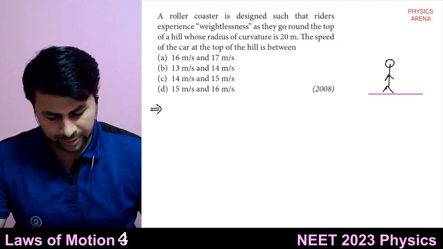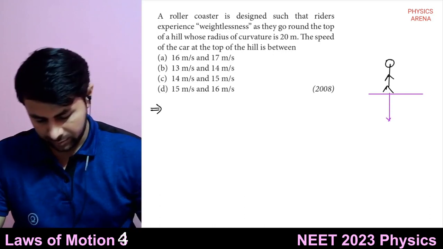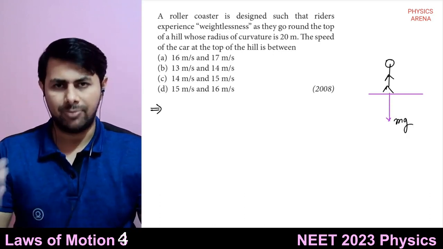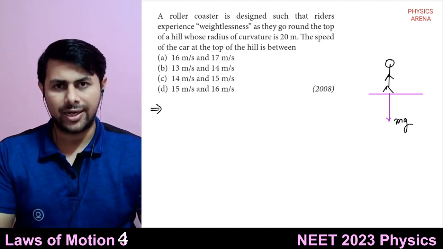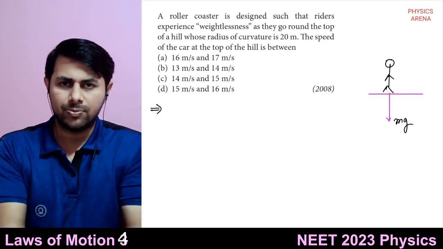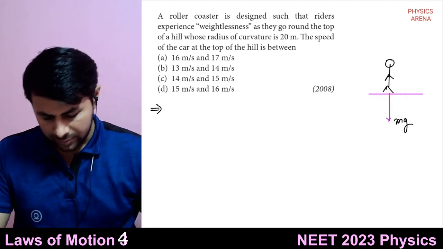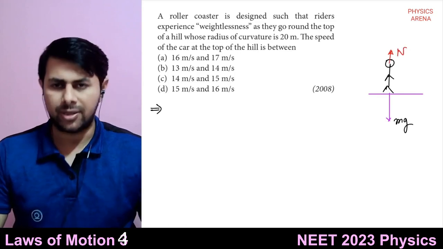There is gravitational force acting on me, which is in the downwards direction. I don't feel my weight because of the gravitational force. I feel my weight because of the normal reaction exerted by this floor. This floor exerts an upwards normal reaction on me, and this is the reason why I feel my weight.